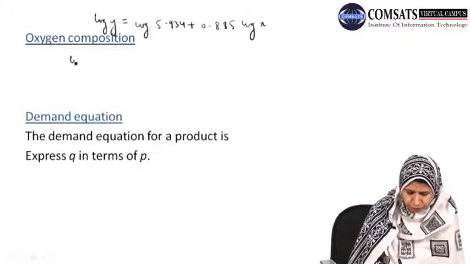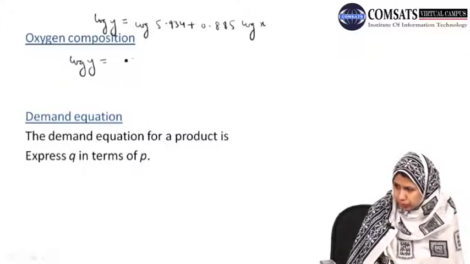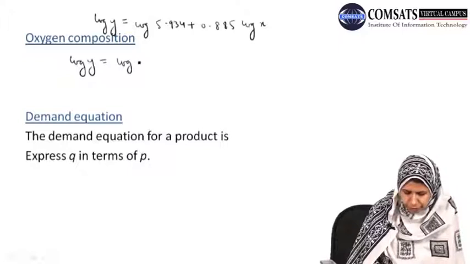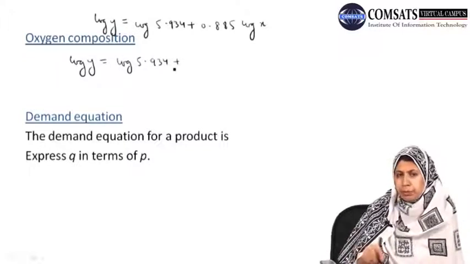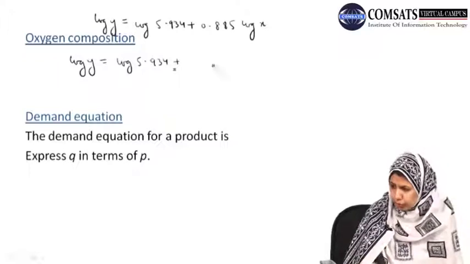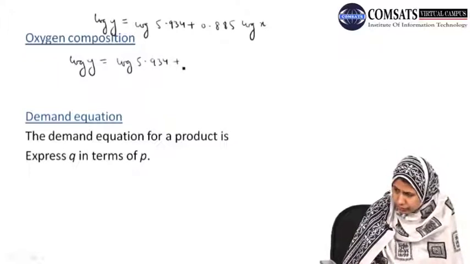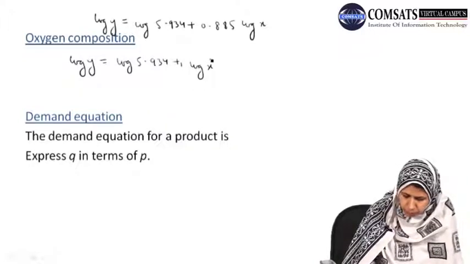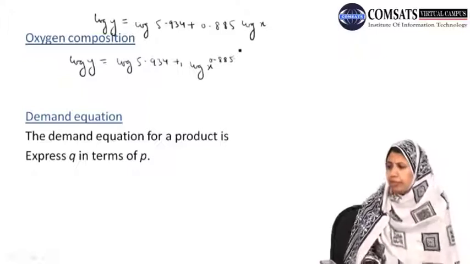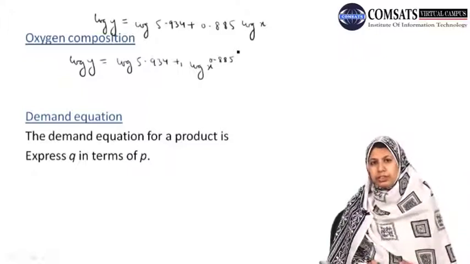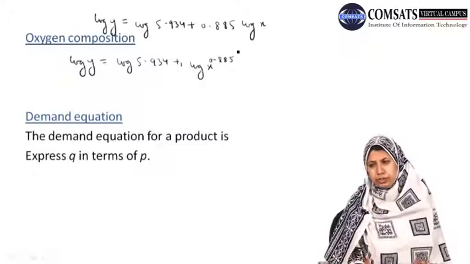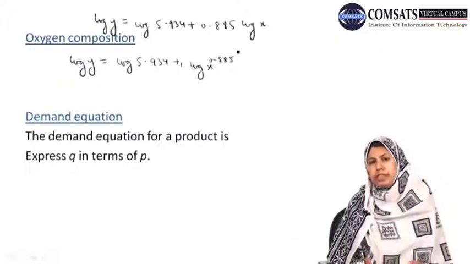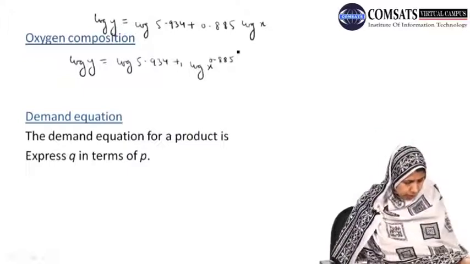We have log of y is equal to log of 5.934 plus, here we have a multiple of a log, so it will be simply written as the exponent, that is the log of x to the power 0.885. Now we can use the second property of logs, that is we have a sum of two logs.